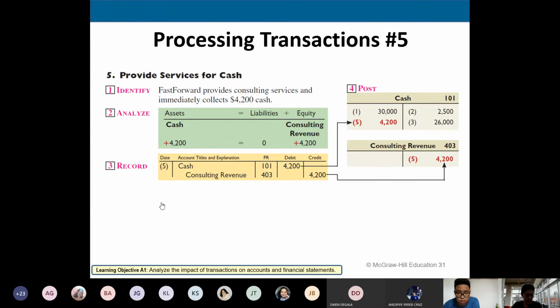Gigets nyo ba yung discussion natin, yung flow ng discussion natin? Yes, sir. Opo. Iniisa-isa natin yung mga basics muna, no? Para hindi kayo malito pagdating natin dun sa mga comprehensive transactions natin.